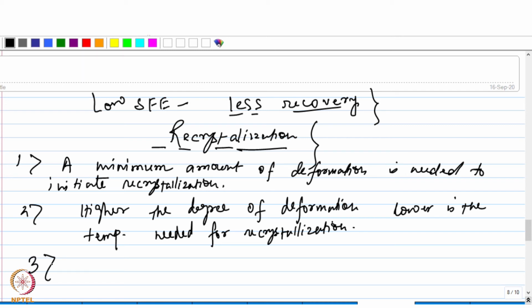Annealing time is also a factor. Increasing the annealing time decreases the recrystallization temperature.